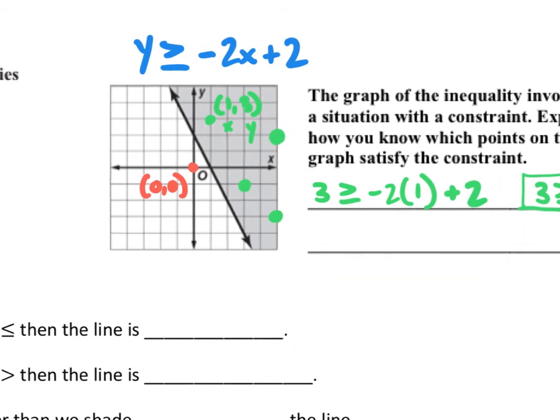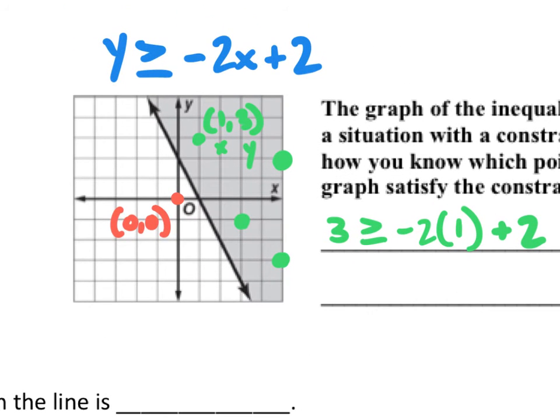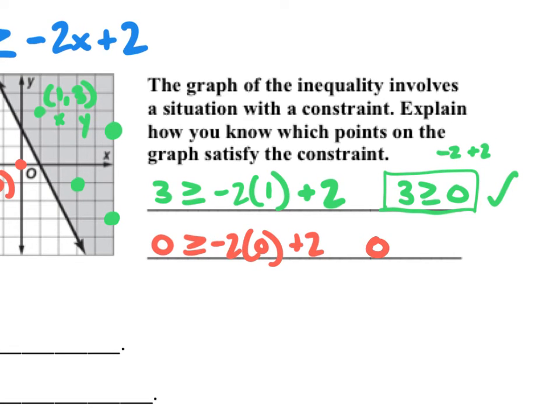Now notice what happens if I pick a number that's not in the shaded region. When I simplify this, I get that 0 is greater than or equal to, and so that was a 0 plus 2, a 2. Notice that it's not true. 0 is not greater than or equal to 2.